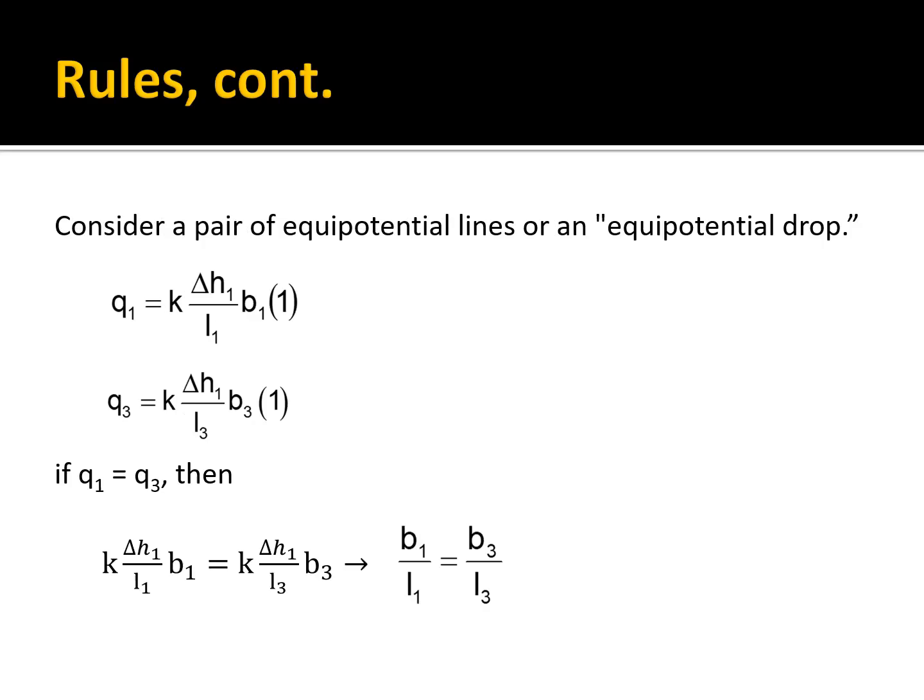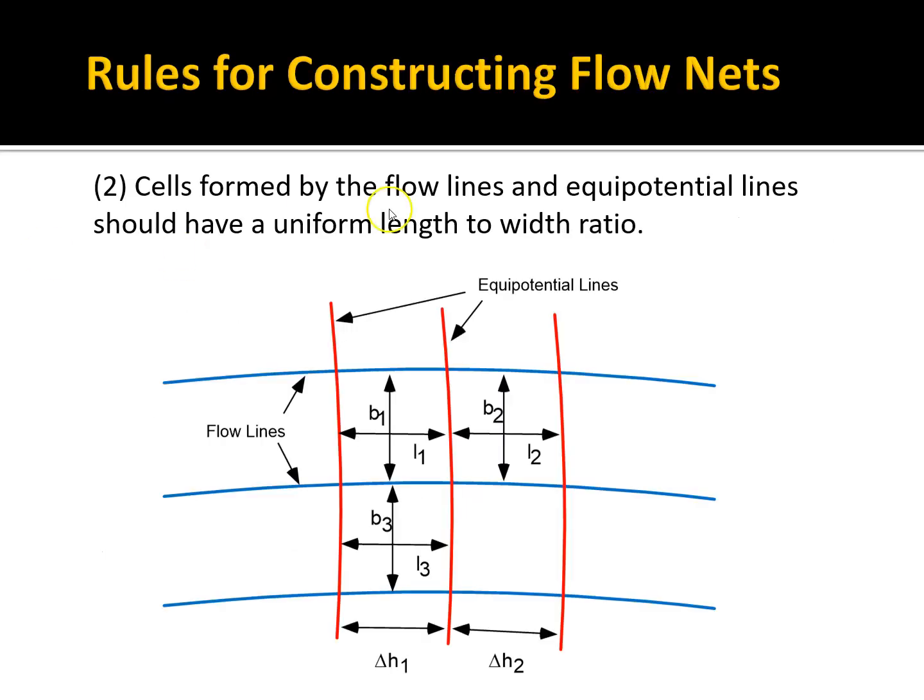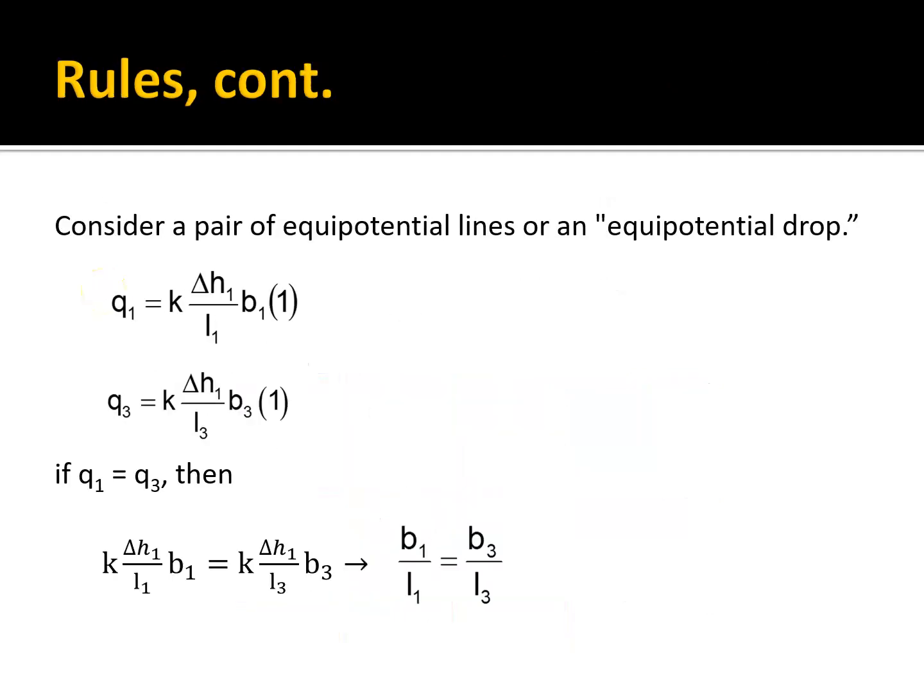Okay? And another way to look at that: that first derivation was based on two cells in the same flow channel. Now if we look at two cells within the same equipotential drop, so B1 and B3, we can do a similar thing. Q1 is equal to K delta H1 over L1 times B1.